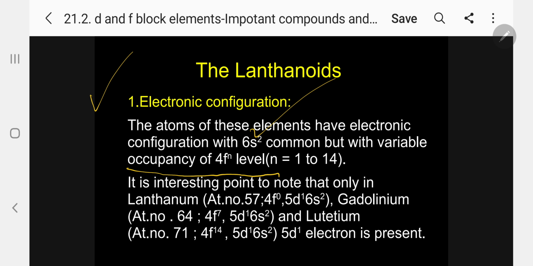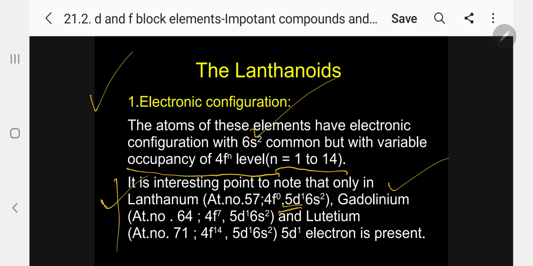It is n equal to 1 to 14 electrons that will be present. One interesting piece of information I want to give you, kindly follow: only in lanthanum, atomic number 57, the configuration is 4f0, 5d1, 6s2.